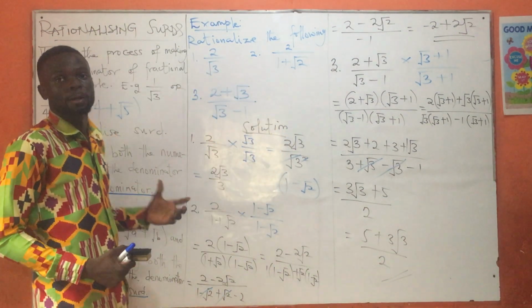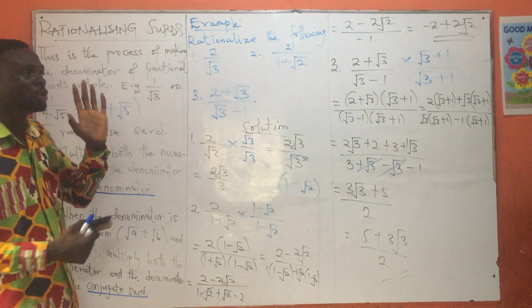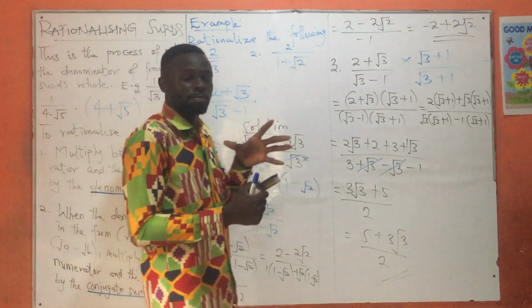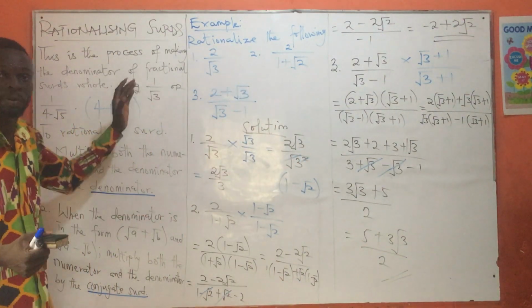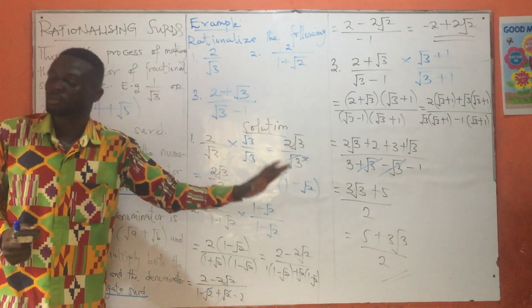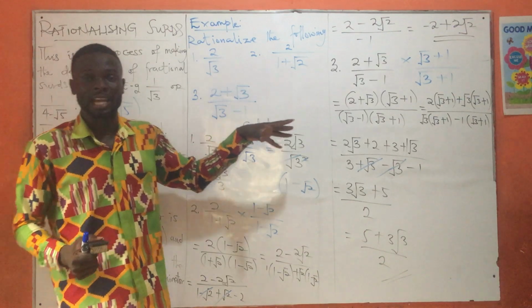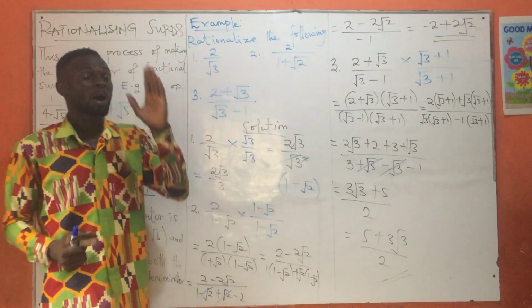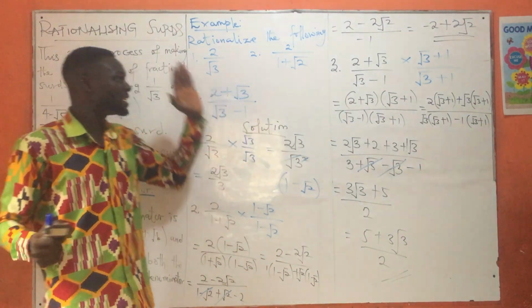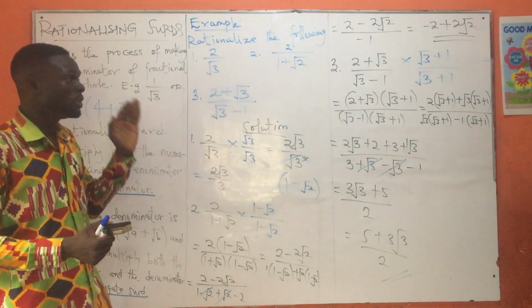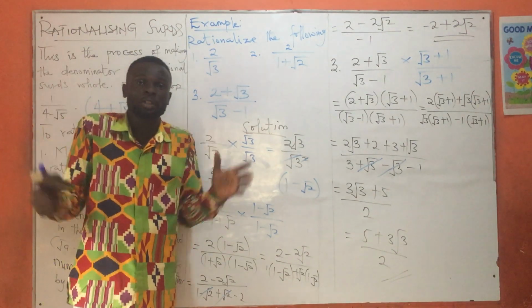We should know that this is a new topic which has been added to the curriculum, to our topics in this curriculum. And it is likely for us to come across a question like this in our end or our final exam, that is our BECE or the standardized test. It is very possible that we may come across, either it could be a sub question, either it could be a major question.